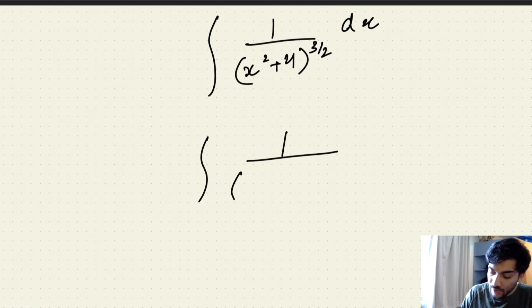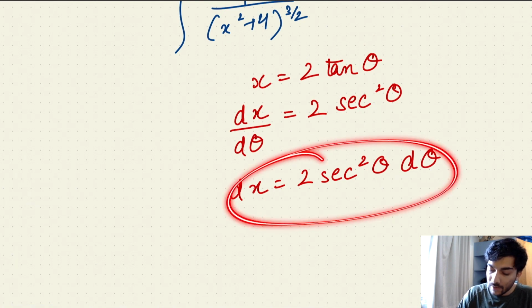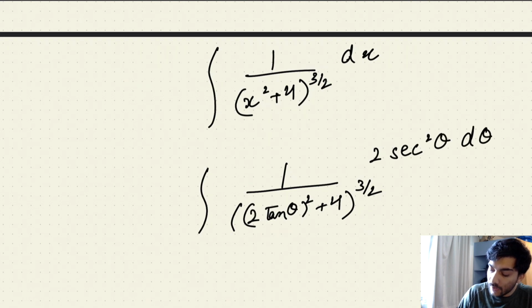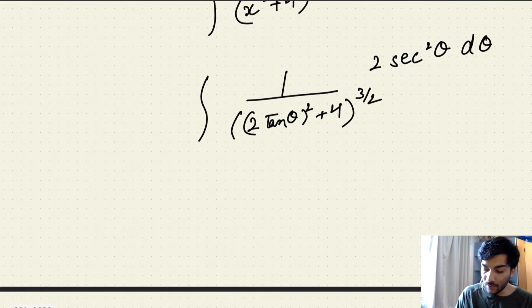So let's change x square plus 4 into 2 tan theta whole square plus 4, to the power 3 by 2. And since our dx is 2 secant square theta d theta, let's convert dx to 2 secant square theta d theta, right?